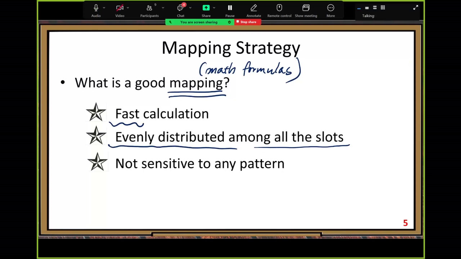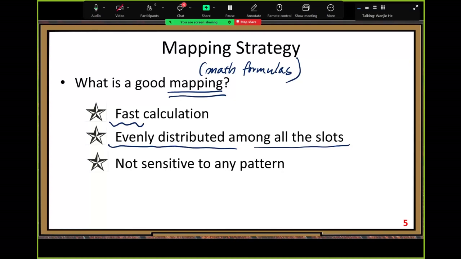But when you design your mapping functions, they should be very robust against those patterns. In other words, your math formulas, your functions, should be able to break most of those patterns.